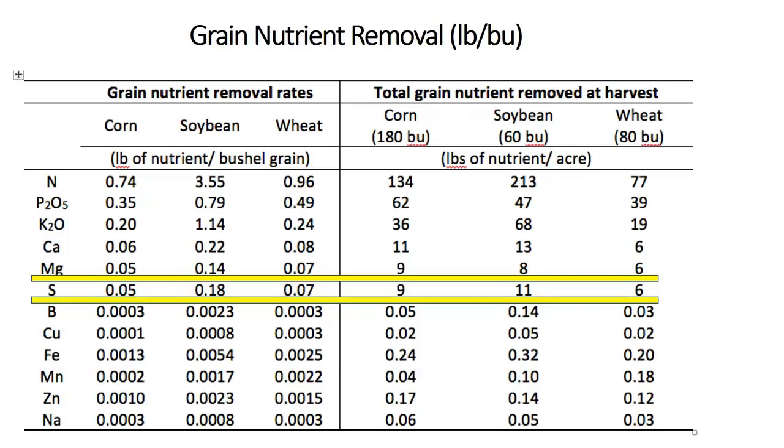The right side is an example: if we were to harvest 180 bushels of corn, we will probably be removing 9 pounds of sulfur from the soil. The more we harvest, the more sulfur we remove from the soil. It's different between crops, and different for the same crop depending on which part of the plant we're harvesting. For instance, for corn silage, it's going to be much higher than for grain corn.